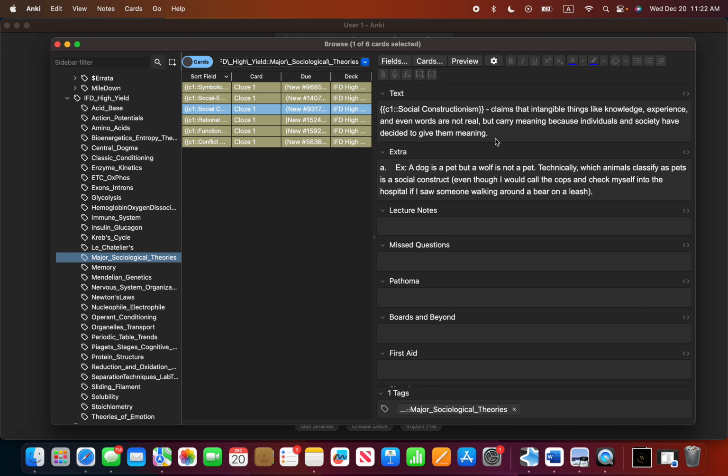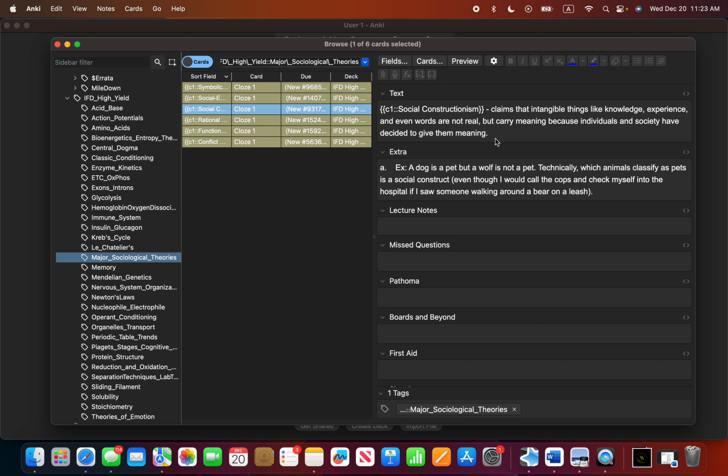So your knowledge from the MCAT, your experience as whatever professional you are, and even words are not real. And as a society, we have agreed to give these things meaning. So these things carry meaning because individuals in society have decided to give them meaning.